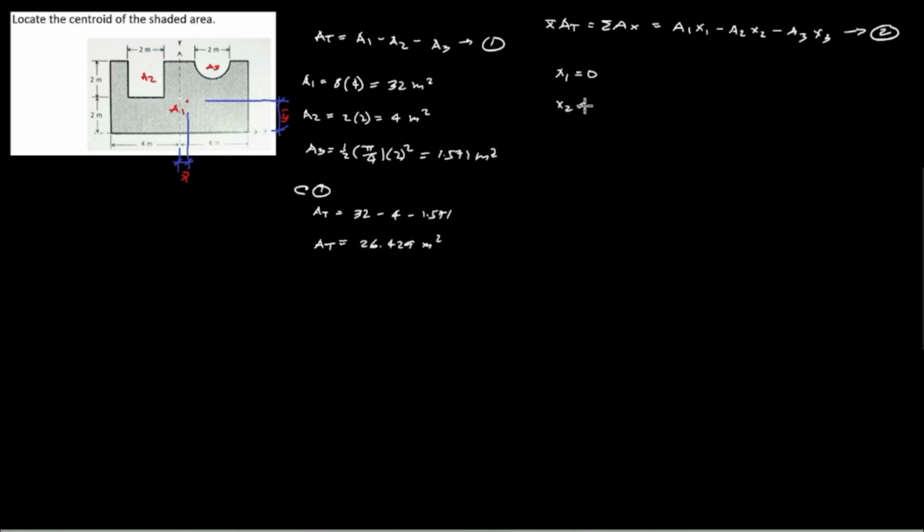x sub 2 is the square, and the centroid of a square is at 1/2 of the base, which is 2 meters. So this is the point.